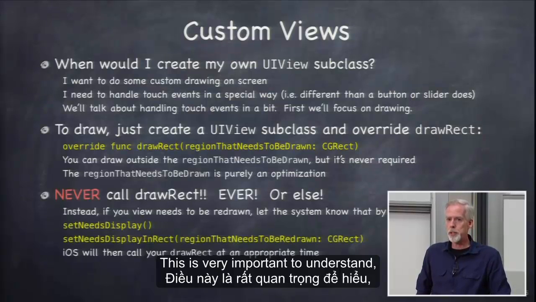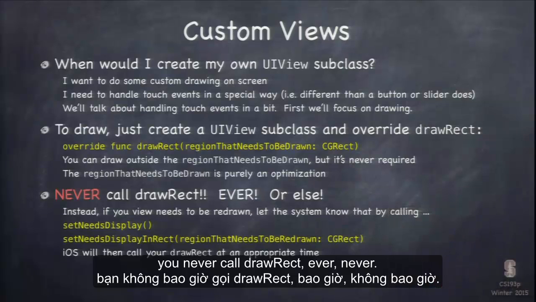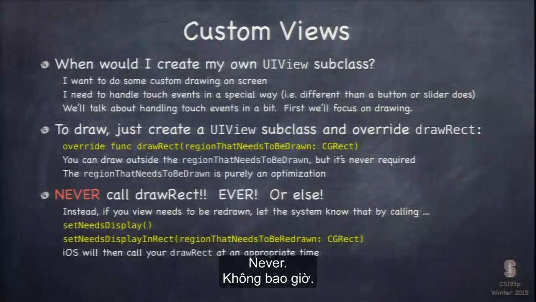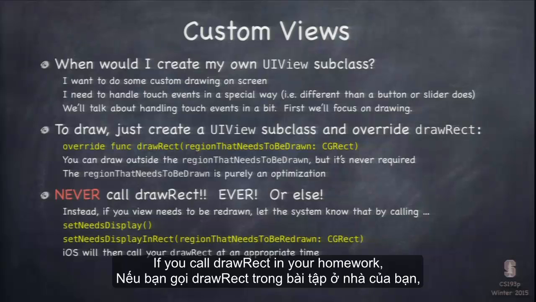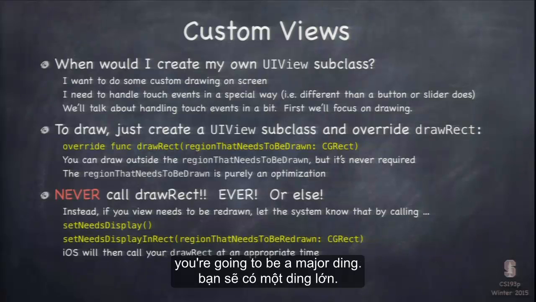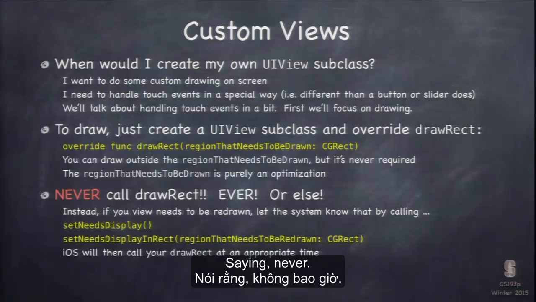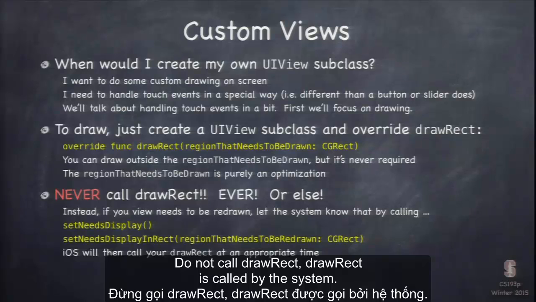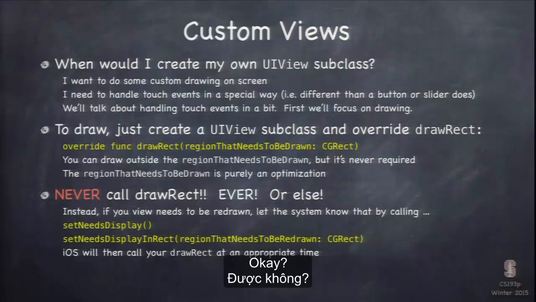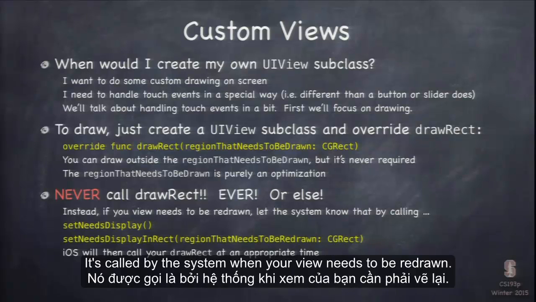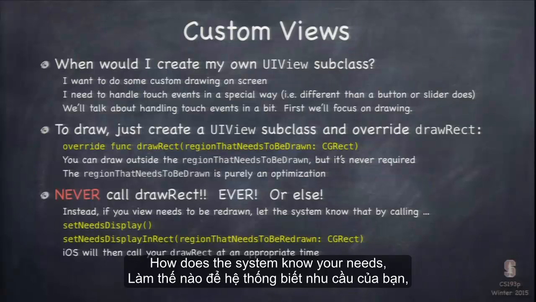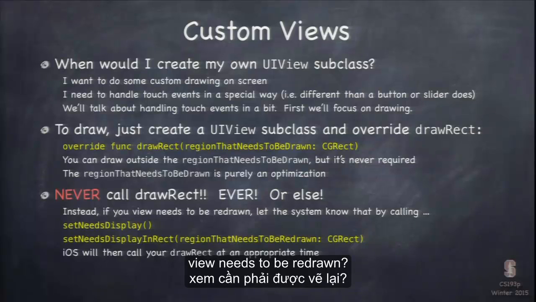This is very important to understand. You never call drawRect. Ever, never, never. If you call drawRect in your homework, you're going to be majorly dinged. Because I'm standing here in front of you with red text on my slide saying never. Do not call drawRect. drawRect is called by the system when your view needs to be redrawn. How does the system know your view needs to be redrawn?